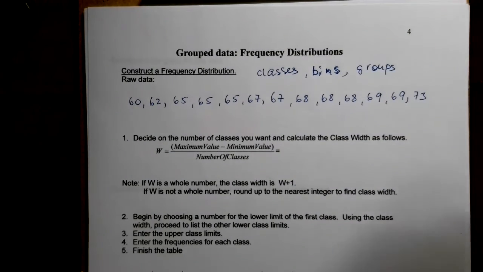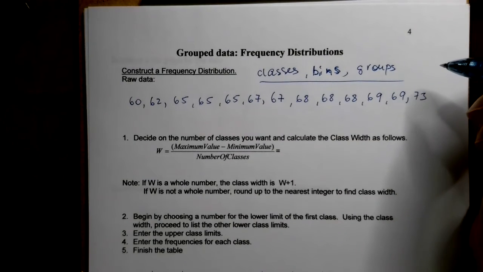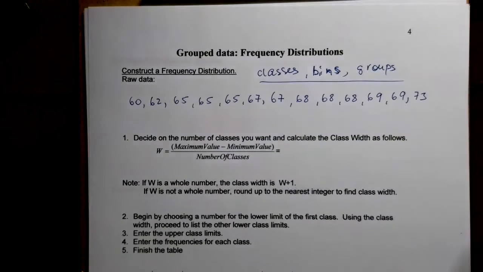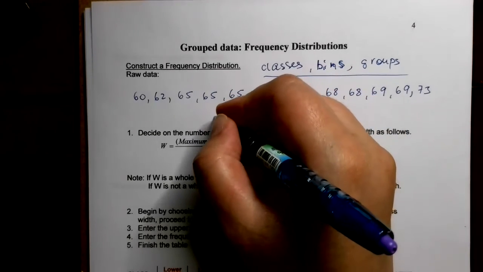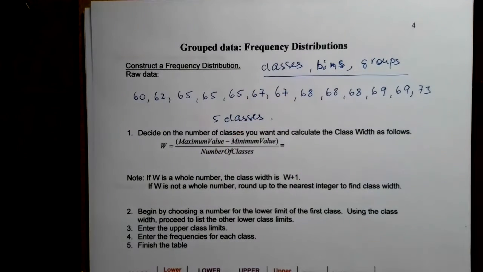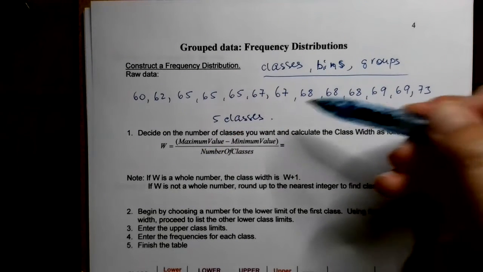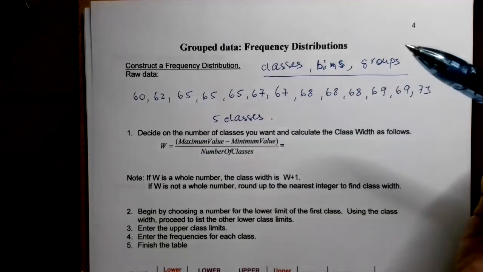All right. So how do we go about doing that? Here you have to decide how many classes you want. Let's say that for this data set, we want 5 classes. So I need to figure out what is called a class width.